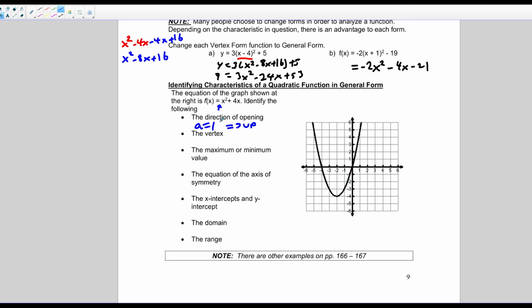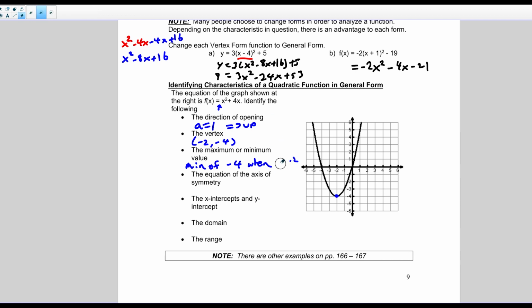Your vertex is going to just come from this point right here. We don't need any fancy formulas. So we've got negative 2, negative 4. Our maximum or minimum value, in this case, we have a minimum value. We have a minimum of negative 4 when x is equal to negative 2.